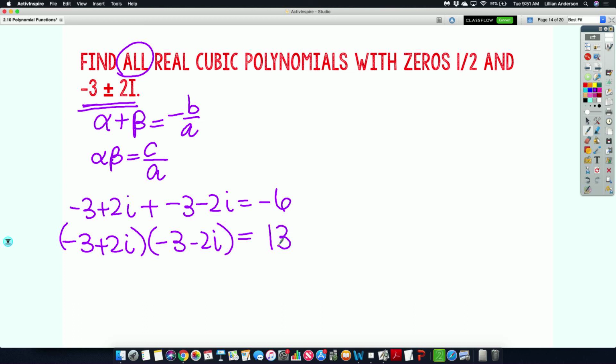So since we know that negative 6 is equal to negative b over a and 13 is equal to c over a, we kind of know what our quadratic is. Okay? What's the value of a? 1. Value of b? 6. And then c. So you have x squared plus 6x plus 13.